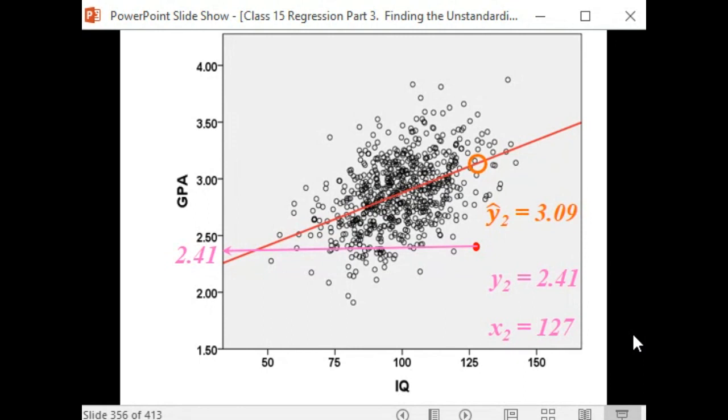This is the actual GPA of individual 2. So now we have Y predicted and Y observed for individual 2. And next we need to calculate the prediction error for individual 2. So go ahead and do this using the numbers that are written up here.